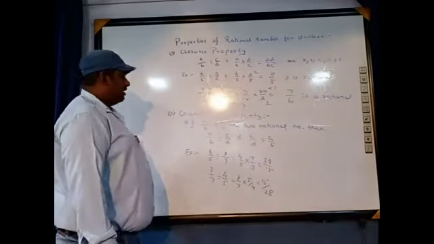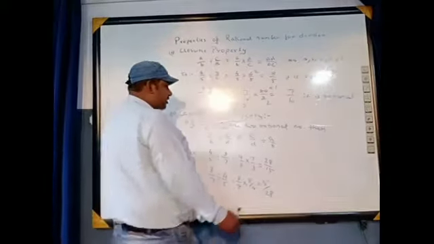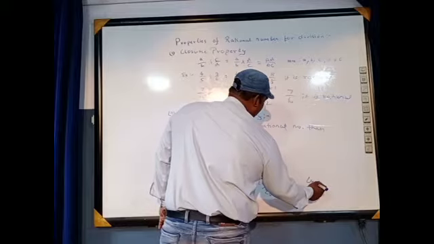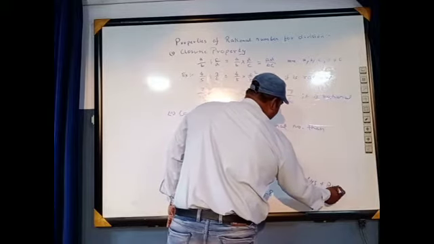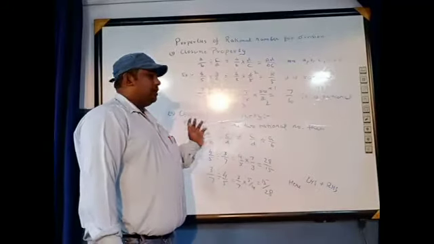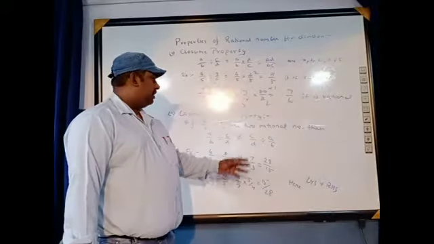In both cases what we have seen, that the result is getting opposite, means not equal. Here LHS not equal to RHS. Hence we can say that commutative property does not exist for the rational number for division.